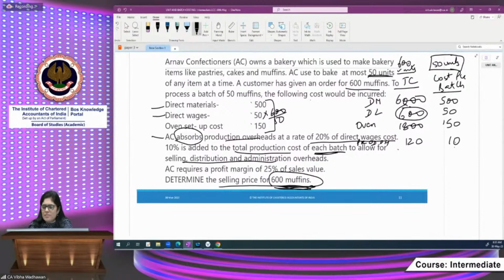So that has to be the total cost. Calculate the total production cost. It is 8520.